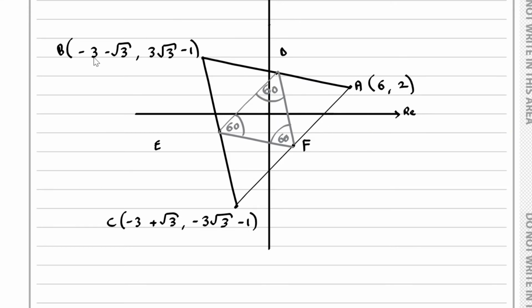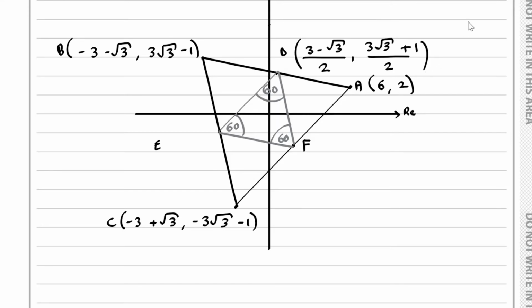So we have minus 3 plus 6 minus root 3, and then divide that by 2. So we have 3 minus root 3 over 2. And then, in terms of the other coordinates, 3 root 3 minus 1 plus 6, all over 2. We have 3 root 3 plus 1 over 2.